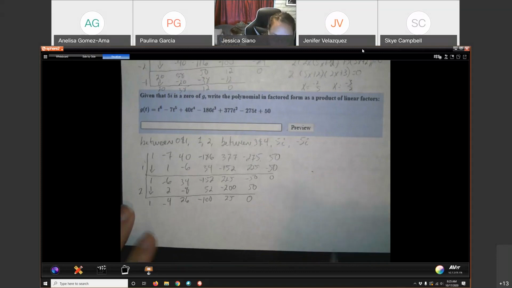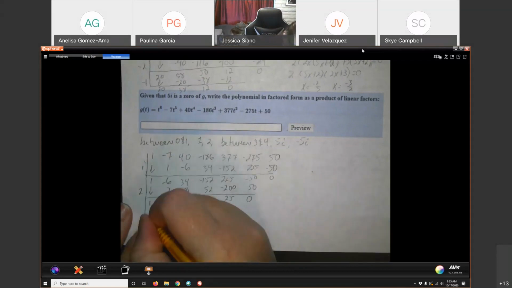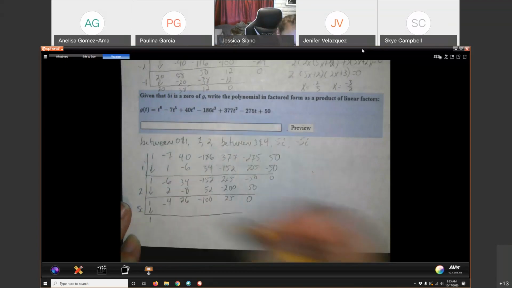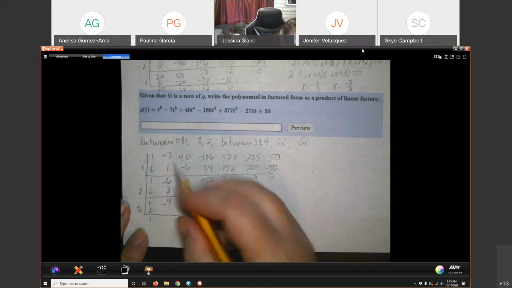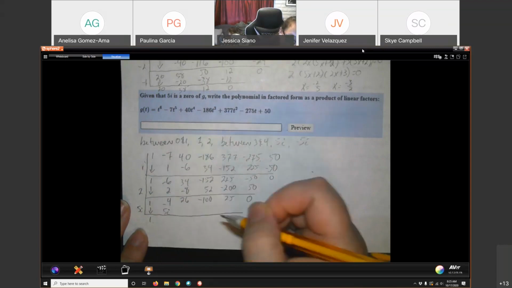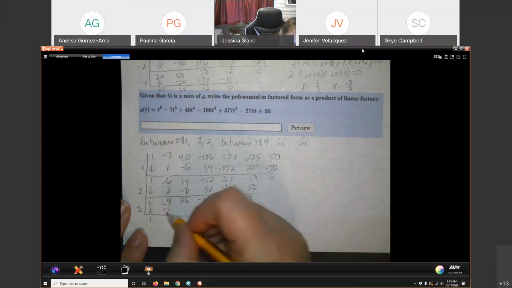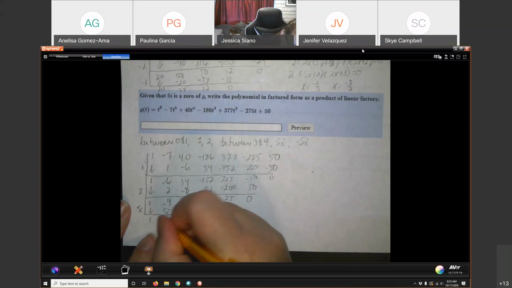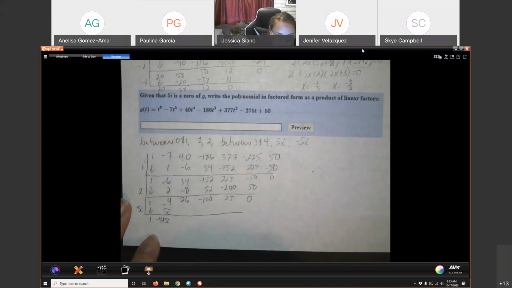Okay, now I'm going to divide out the 5i. Definitely going to want our calculators for this one. Because when I multiply 5i times 1, I get 5i. When I add -4 plus 5i, I get -4 plus 5i.